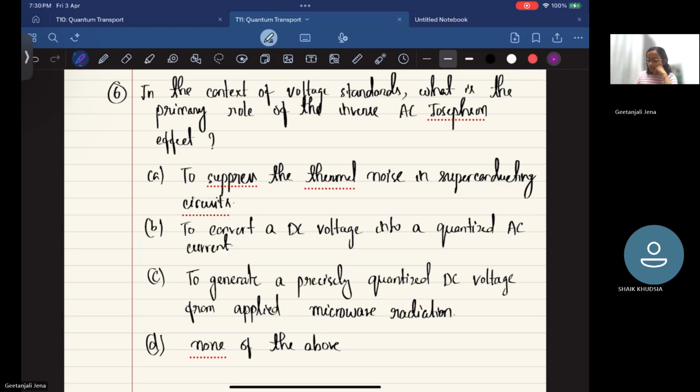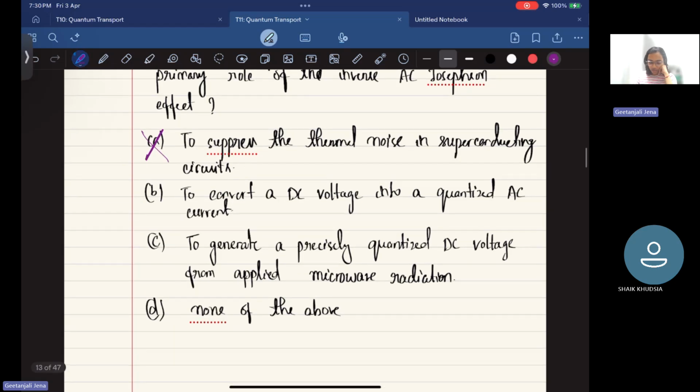Option A is not the correct option. So the correct one is option C.